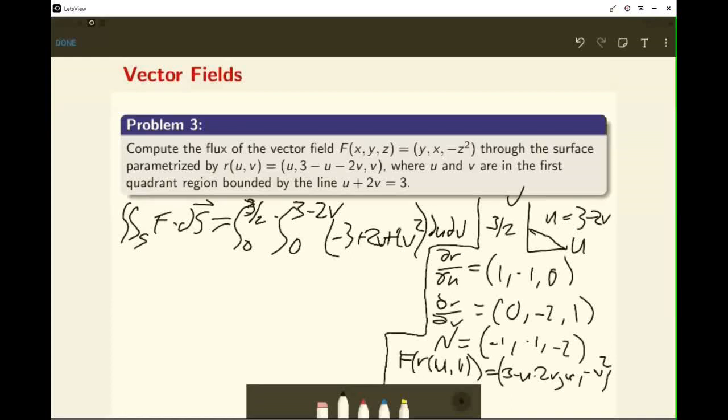And now we've got just a double integral iterated as usual. Since we don't depend on u, this u integral is just giving us a factor of 3 minus 2v, multiplying our integrand, so we get 0 to 3 halves.